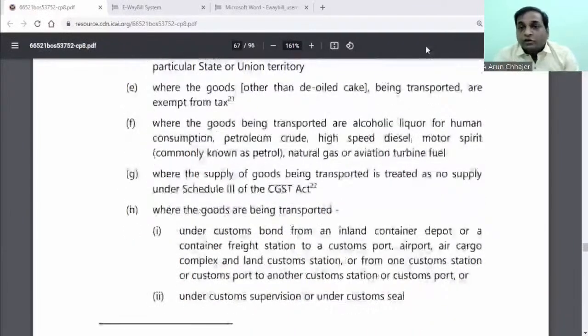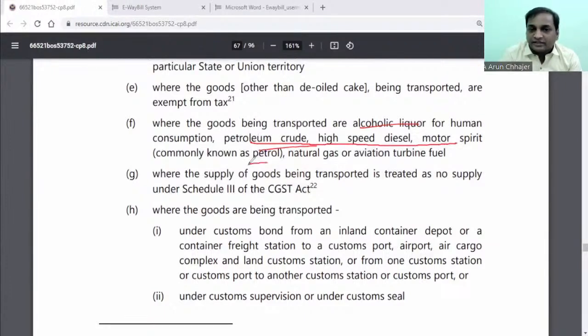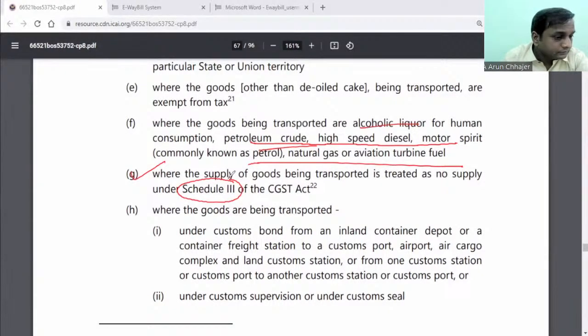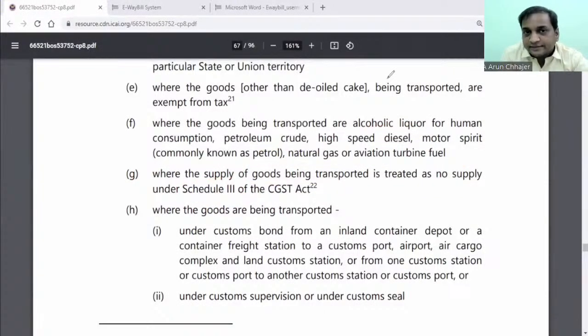Next, non-taxable supplies: alcoholic liquor for human consumption, and petroleum products including HSD, motor spirit, natural gas, aviation turbine fuel, etc. If the supply is specified in Schedule 3, treated as no supply in the Schedule 3 negative list, then for the supply of goods mentioned in Schedule 3 there is no requirement of an e-way bill.